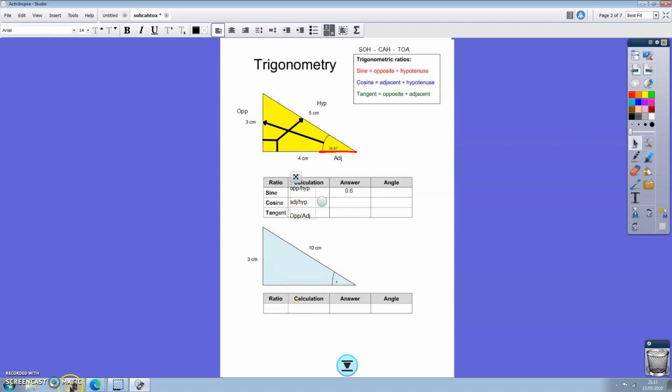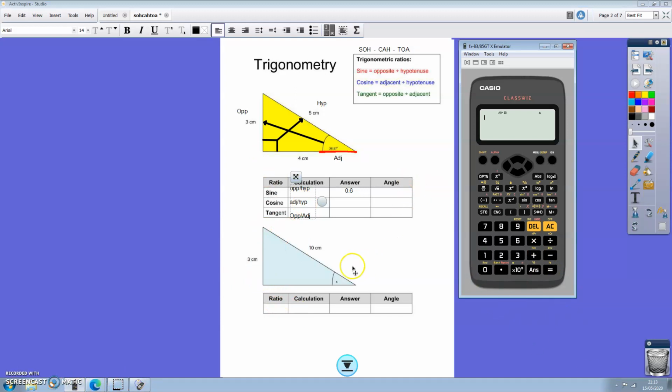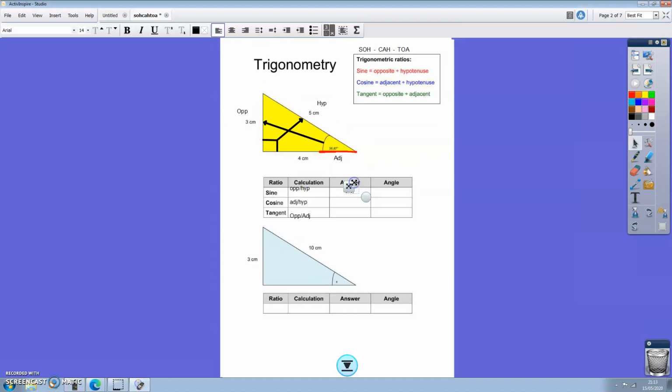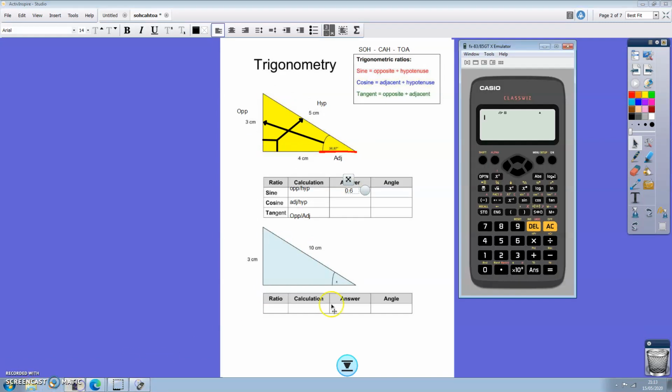Bringing the calculator up, I'm going to quickly do that. I know the sides, so for sine I do 3 divided by 5, which gives me 0.6. For the next one, adjacent divided by hypotenuse, the adjacent is 4, so 4 divided by 5 gives me 0.8.